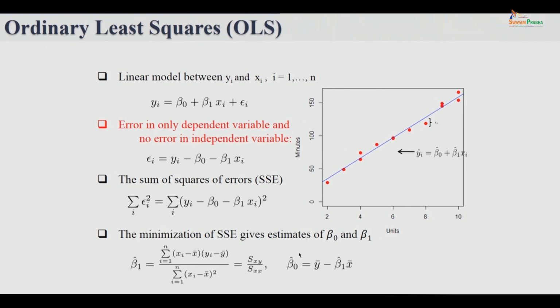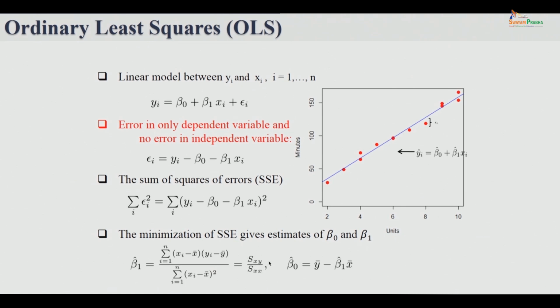Hat always implies it's an estimated quantity, and the estimated value of beta 1 turns out to be the cross covariance between x and y divided by the variance of x. You can prove this. Remember, this cross covariance is essentially like a Pearson's coefficient.